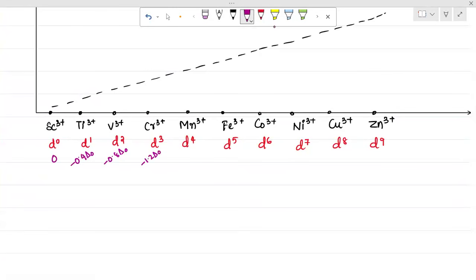The fourth one won't jump to eg. Instead, it will get paired up in t2g itself. So this would be minus 1.6 delta O. This is 2 delta O. This is 2.4 delta O. And then you have 2.4 minus 6 because now it enters eg. I hope you're understanding. Okay. So what you have over here is minus 1.8 delta O, minus 1.2 delta O, and minus 0.6 delta O. This would be the trend.